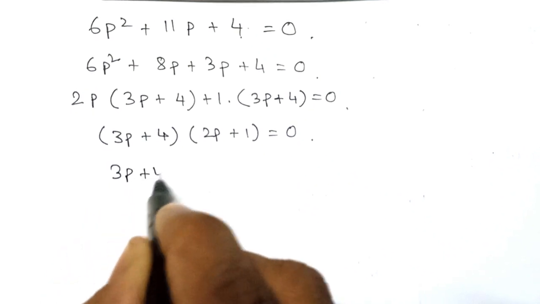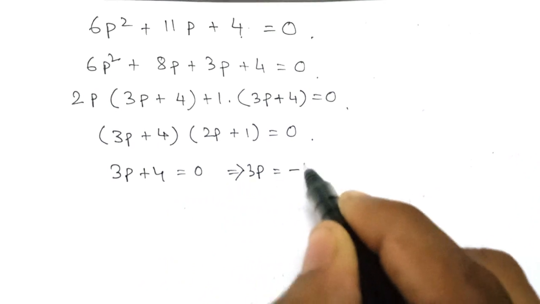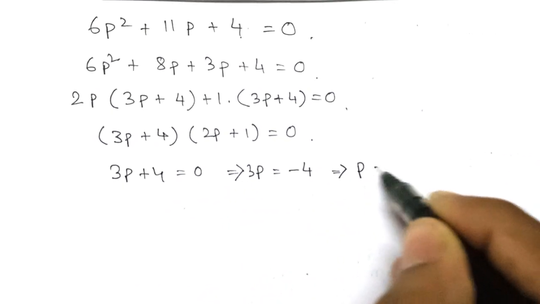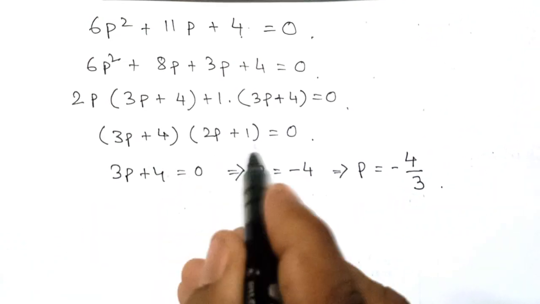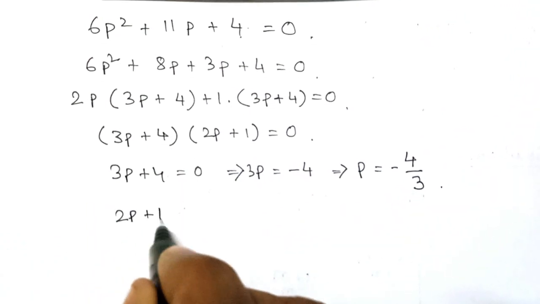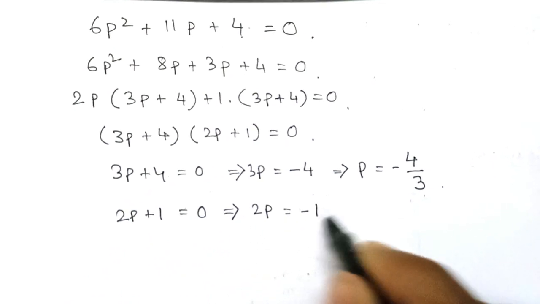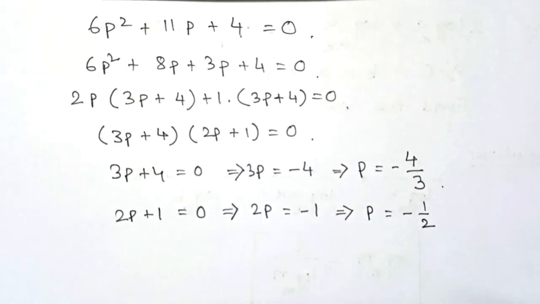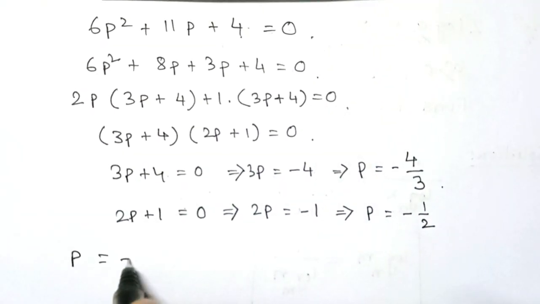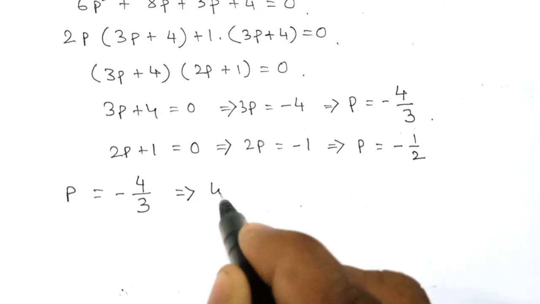One is 3p plus 4 is equal to 0, which implies 3p is equal to minus 4, or p is equal to minus 4 by 3. And another is 2p plus 1 is equal to 0, or 2p is equal to minus 1, or p is equal to minus half.